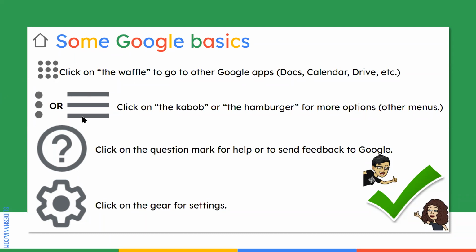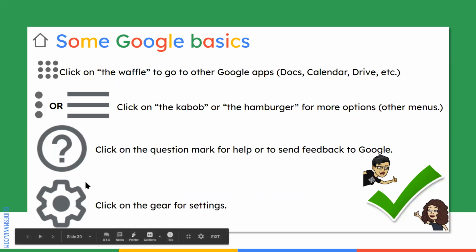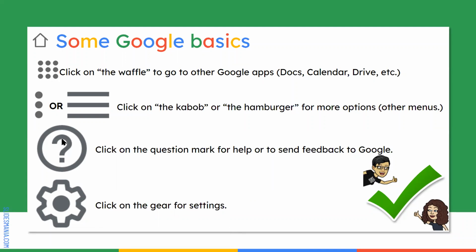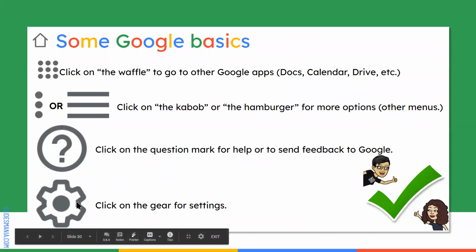The kebab or the hamburger, because we all love food, those are usually your options menus, and you'll see in calendar they do different things depending on the tool that you're in. The question mark with the circle, you can find help articles on pretty much any topic when you click on that icon. And then in all of the Google tools, I call it the snowflake. It can be called a gear, whatever that icon reminds you of, that is your settings icon.